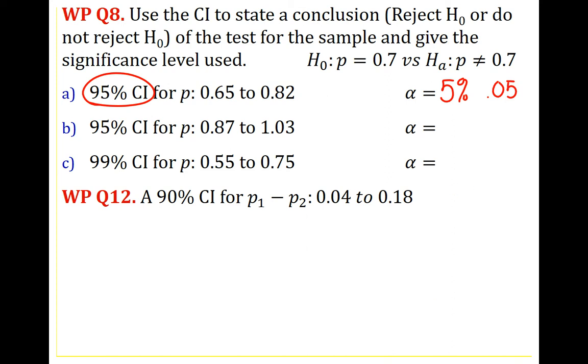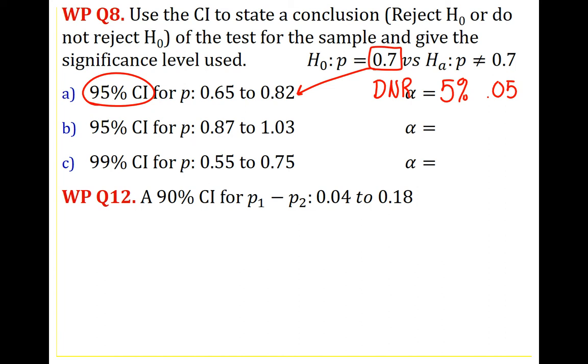Same goes for part B. Now, would I reject or not reject? If I have an alpha of 5% and a value of 0.7, then I do not reject. That's based on the fact that 0.7 is inside of 0.65 to 0.82.